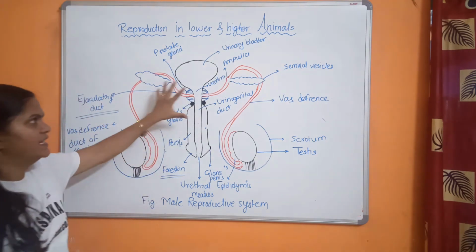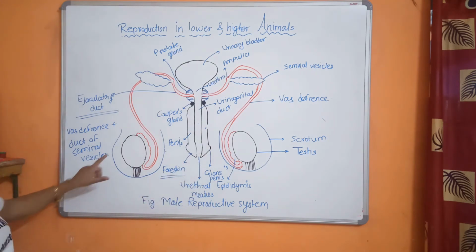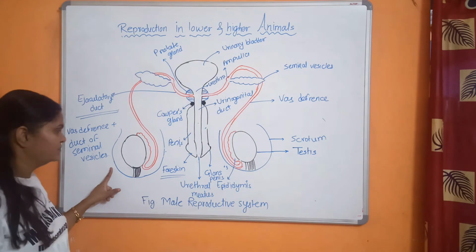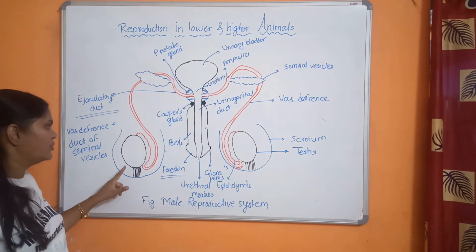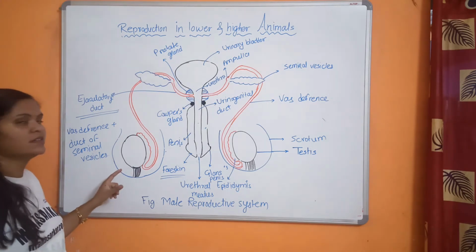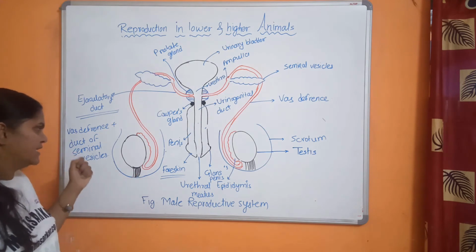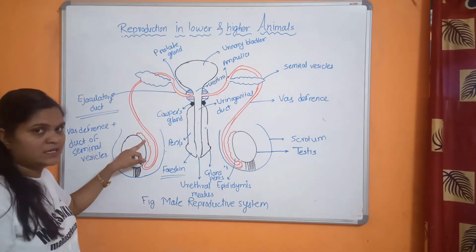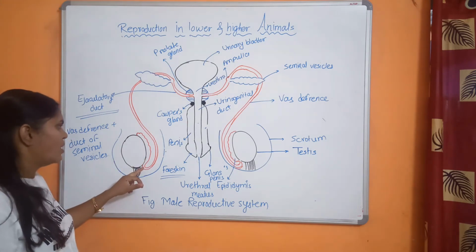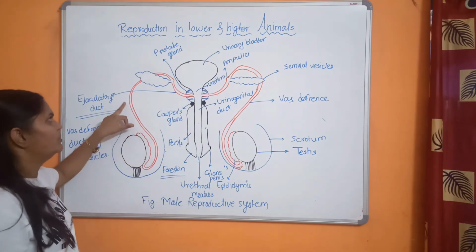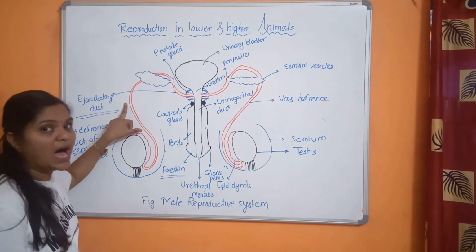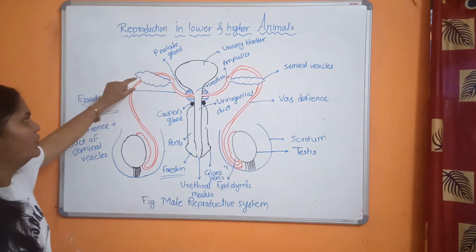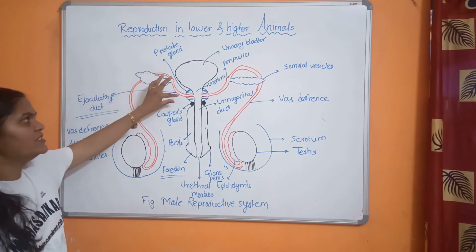So in this diagram we see first the testes, then the scrotum, and the gubernaculum, a fibromuscular band which holds the testes in the scrotum. Then this structure is the epididymis, and from the epididymis this tube-like structure is the vas deferens. The vas deferens takes a loop around the ureter and then opens into the urethra.